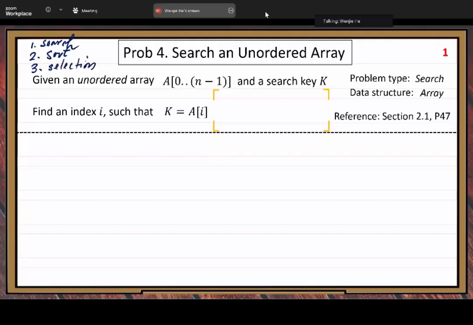What's the selection type problem? Finding the smallest element, finding the kth smallest element for a given k. Those problems we call selection problems. This class we will spend a lot of time on these 3 basic types of algorithms. This one is our first search problem. All right.